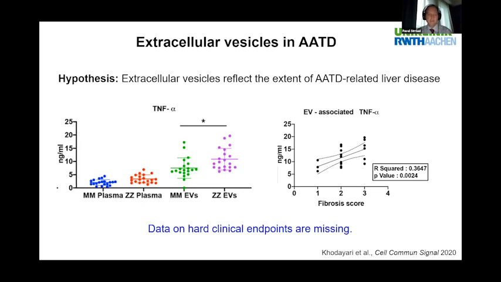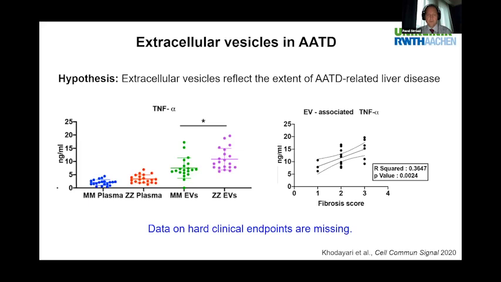For example, here they isolated the vesicles and looked at inflammatory cytokines such as TNF-alpha, and they could show that ZZ patients with liver disease have increased inflammatory cytokines in the vesicles, but not in the plasma. And also the amount of the cytokines weakly associated with the amount of liver fibrosis.